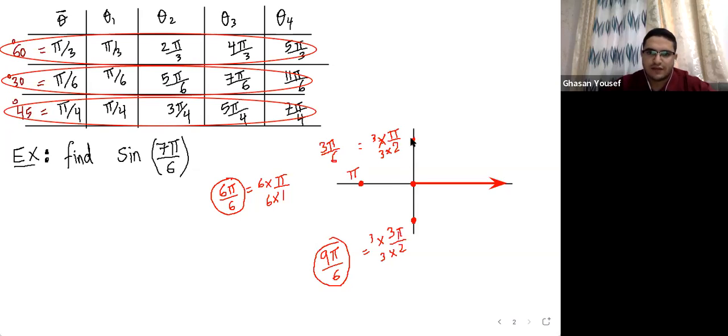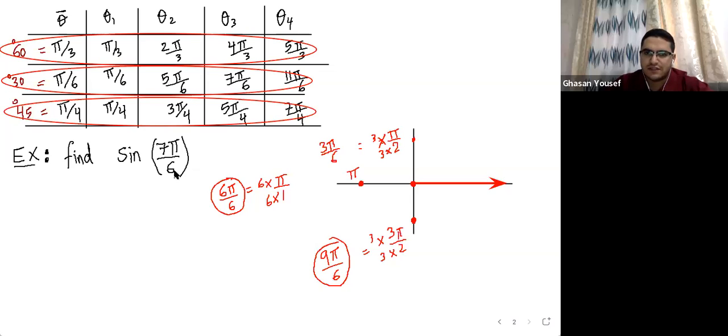Again, this point is pi over 2. We multiply the numerator and denominator by 3 to make the denominator 6, to compare it with this angle. This is 3 pi over 6, and 7 pi over 6 is still greater. This point is pi, which is pi over 1; multiply both sides by 6 and you get 6 pi over 6.